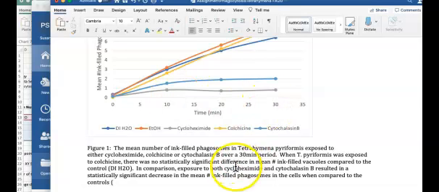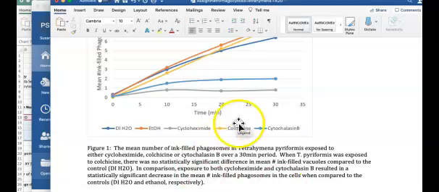Now, I wrote cyclohexamide and cytocollagen B, so I'm going to say DiH2O and ethanol, respectively. That tells my reader the DiH2O is for cyclohexamide, the ethanol is for cytocollagen B.